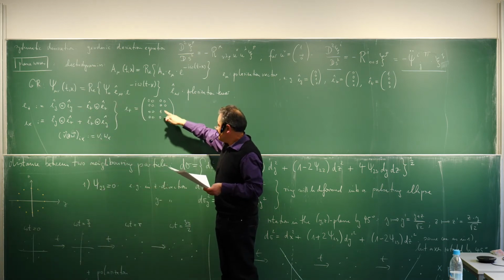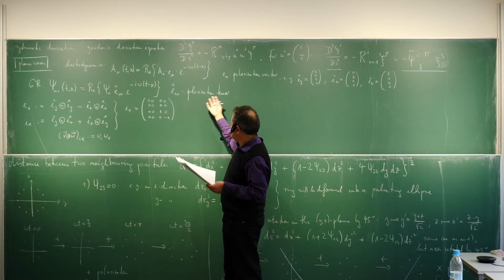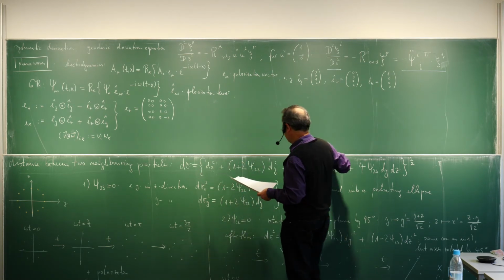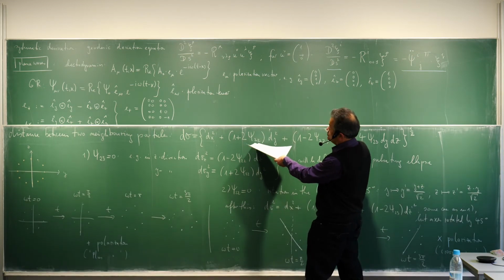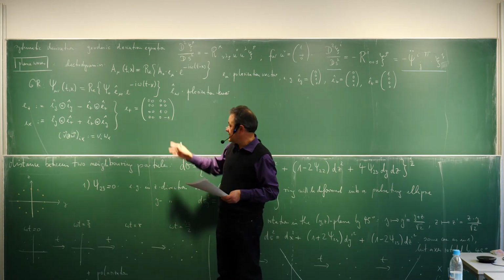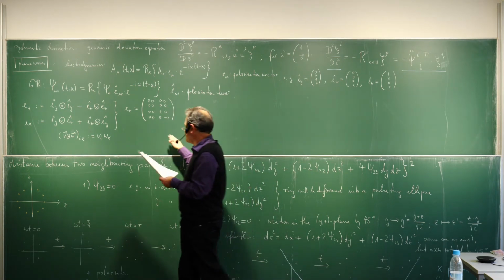And of course, you see now why this is the polarization tensor, because for the psi_22, recall we had here psi_22 minus psi_22. So you can use this as the basis for that.